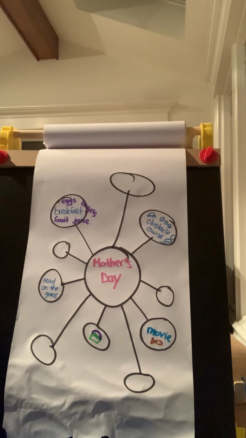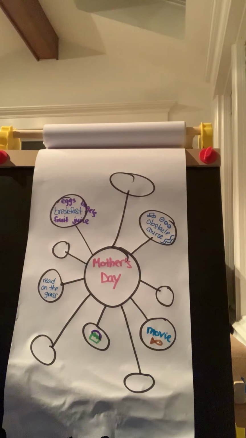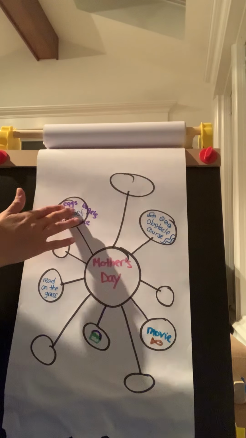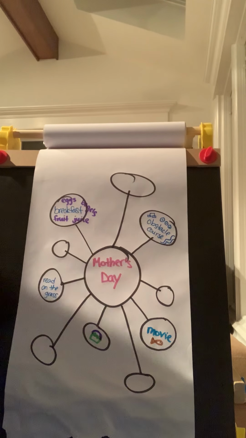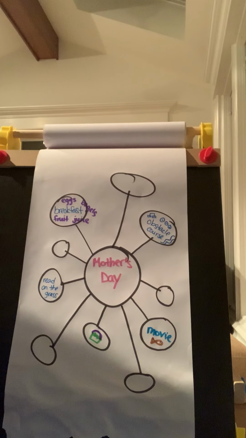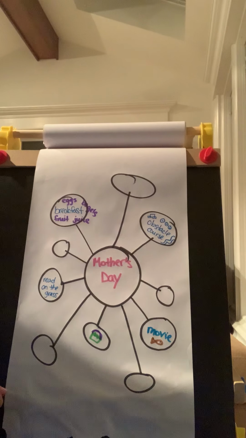So I don't have to fill these in right now, because this is all I did for Mother's Day, or this is all that my boys did for me on Mother's Day. But you might have more things that you want to add to your story. So you might need extra bubbles, okay?